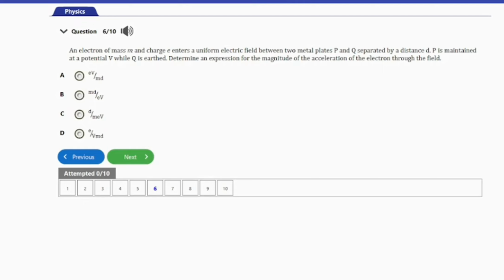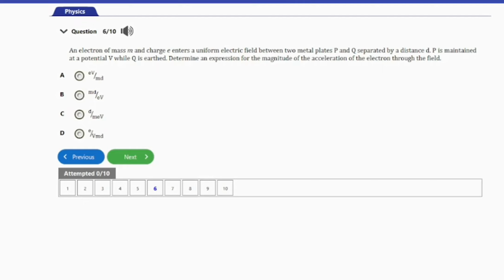So electric field strength here is equal to V over d. With this, we know that the force on the electron is going to be eV over d.